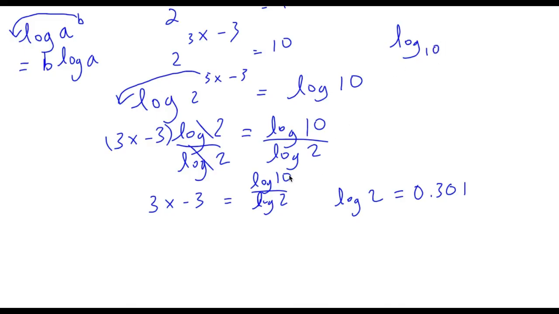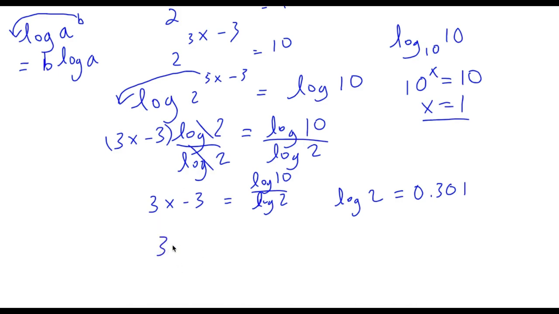So this is the same thing as log base 10 of 10, and this is essentially asking 10 to the power of x is equal to 10. So what is x? And x is equal to 1, right? So log 10 is equal to 1.